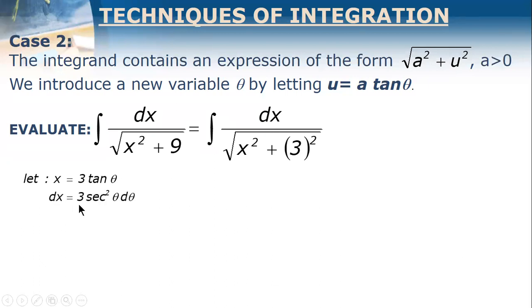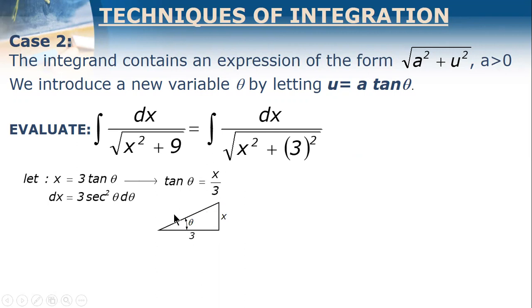So differentiate: dx is equal to 3 secant squared theta d theta. And then get the expression of tangent theta. It's x over 3. And for beginners, you may need a triangle as your guide. If this is your theta, then tangent is opposite over adjacent, so it's x over 3.